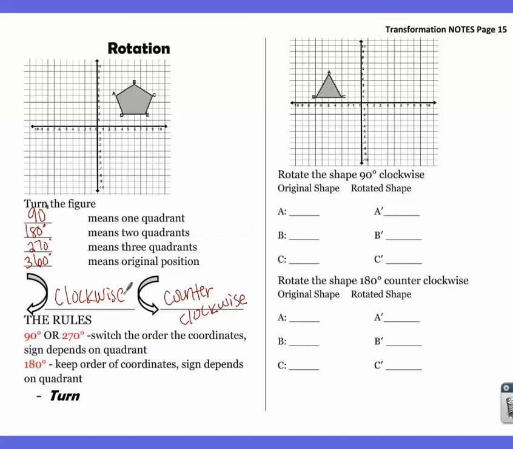The rules: 90 or 270 degrees switches the order of the coordinates. The signs will depend on what quadrant you land in. If you rotate 180, this is going to keep your coordinates the same, but again, the signs depend on the quadrant. So the signs for a 180 degree rotation should be opposite.